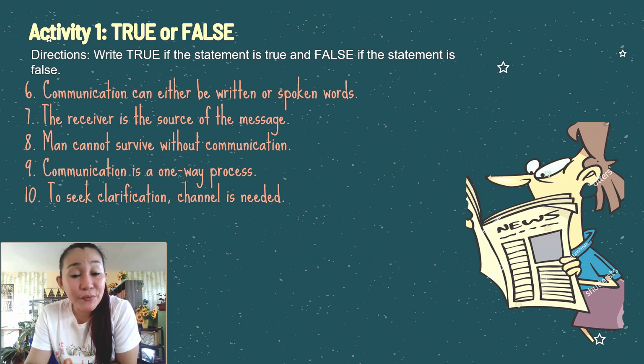Man cannot survive without communication. Number 9. Communication is a one-way process. Number 10. For our last number, to seek clarification, channel is needed.